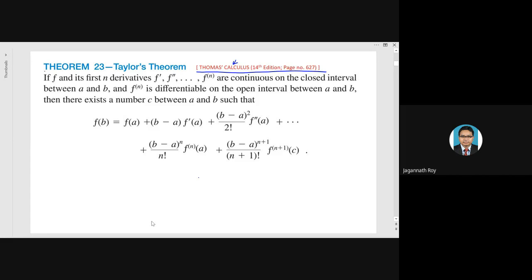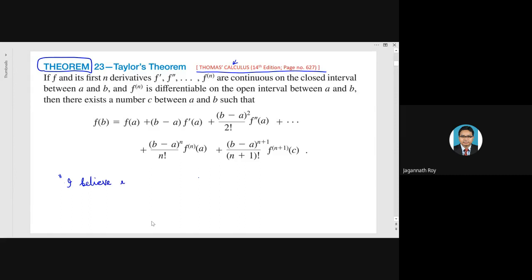Whenever we speak of a theorem, mathematicians actually make fun of theories. I believe there is a saying that people make fun of it.